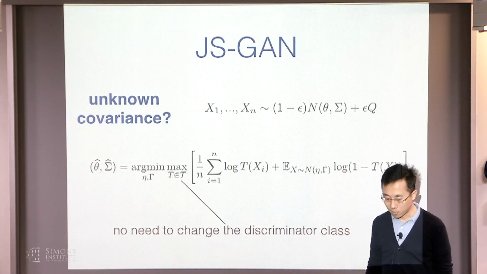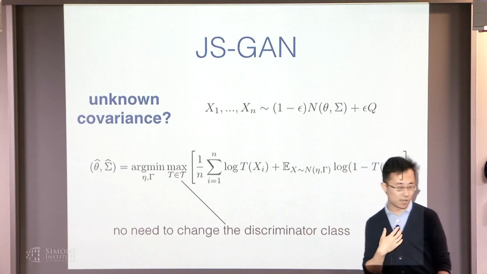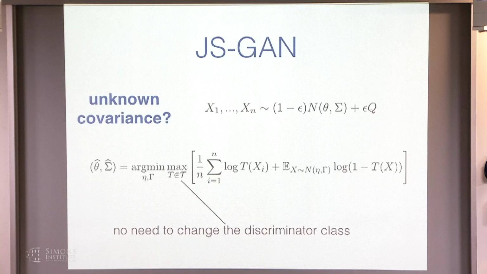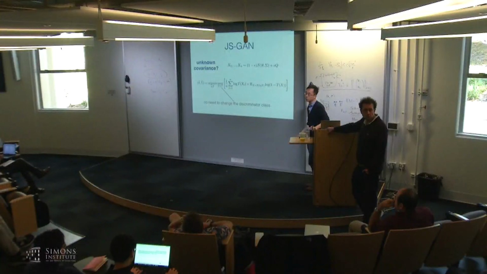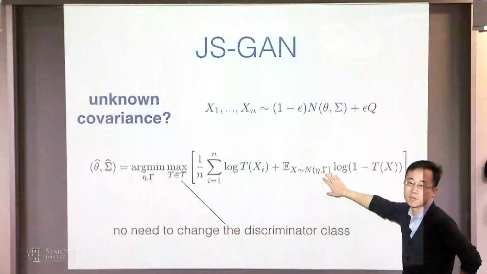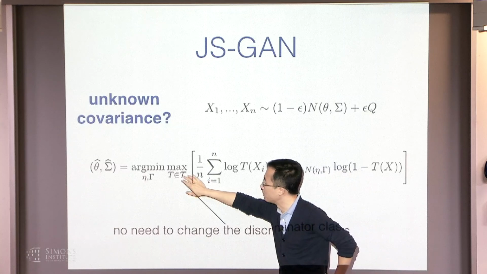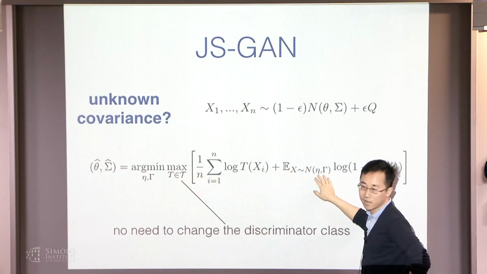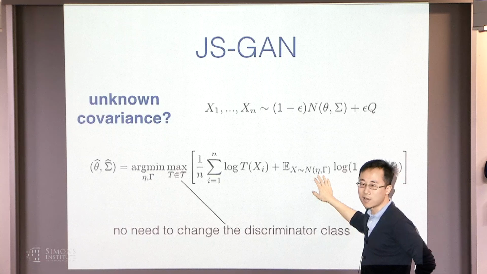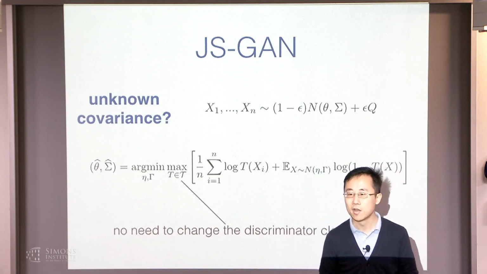If you want to incorporate all sub-Gaussian distributions, then you also need to do it here. So it cannot be adaptive to any distribution that is not specified in the generator class. You have to know p theta? You do not have to know. If you do not know, then optimize over it. The message is that it does not affect the statistical complexity. The complexity is only affected by the class of the discriminator. So here, it's really an identifiability problem. You can make it arbitrarily general, as long as things are identifiable, it will be fine.